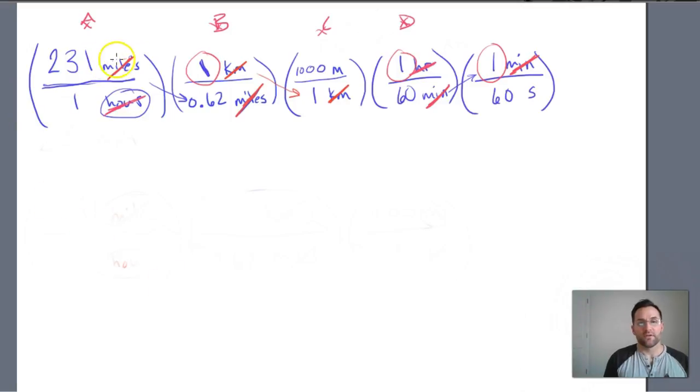So those are negligible in this multiplication problem. So we have a multiplication problem, and they are fractions, so we just go numerator multiplied by numerator, denominator multiplied by denominator, right? So 231 multiplied by 1 is 231, multiplied by 1,000 is 231,000, multiplied by 1 is 231,000, multiplied by 1 is 231,000. So we're going to come down here and we're going to write 231,000, okay?